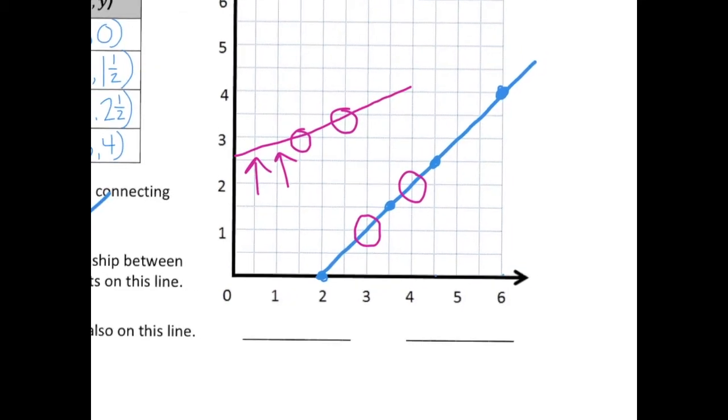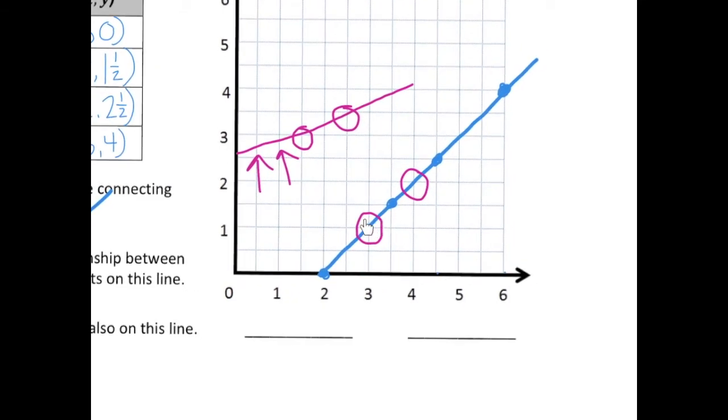So these are the 2 points that I have chosen. I'm going to figure out what their coordinates are. So this one, remember, we always do the x first. So this one's 3 on the x, and then if I go up, it's 1 on the y. So my coordinate pair would be 3, 1. And then if I go ahead and find this point, it is 4 on the x and 2 on the y.